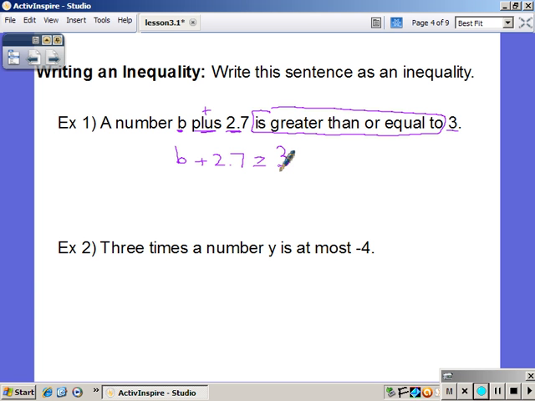Done. 3 times a number y is at most negative 4. So we have 3 and then times a number y is at most negative 4. So times means I'm going to multiply, so 3 times y, I'll just show that as 3y, is at most negative 4.